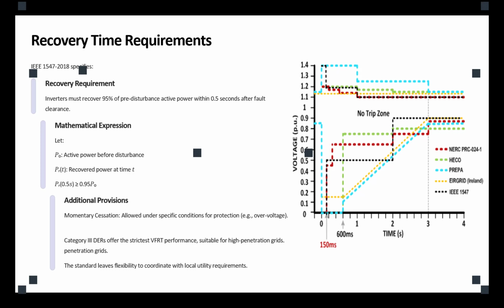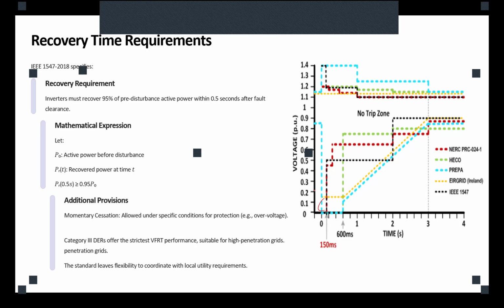So what happens is that, as you can see here, at this point the fault is cleared, but we don't expect the voltage to instantly go to the no trip zone or to the nominal voltage. We allow steps to get to that point.